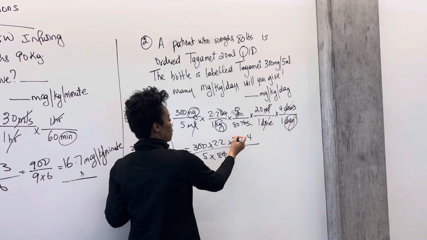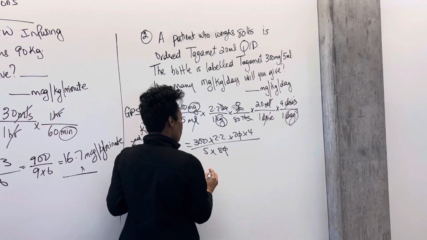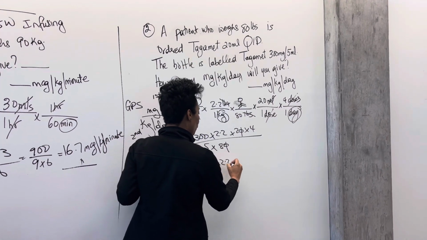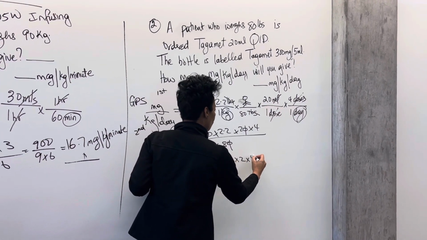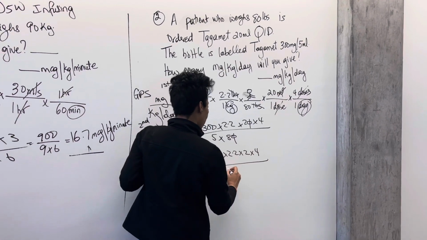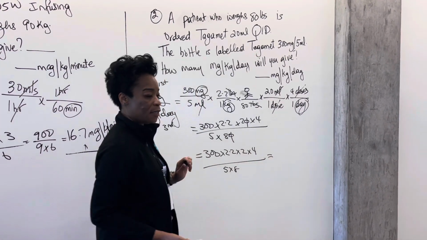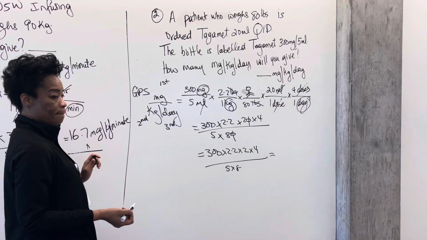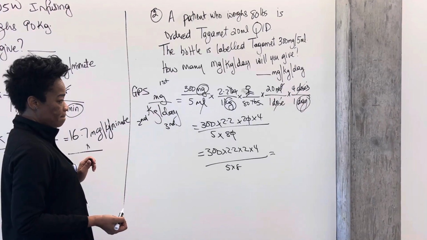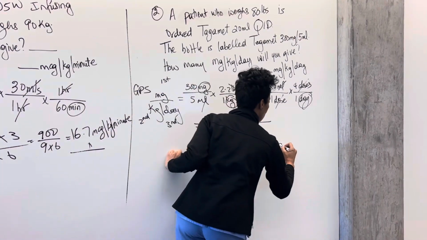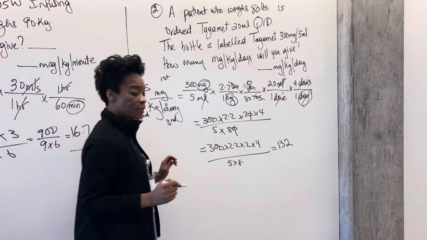And I just have 1 0 to cancel, all right? So in my calculator, 300 times 2.2 times 2 times 4 divided by 5 times 8. And what is that answer? 132? 132, is that exact?